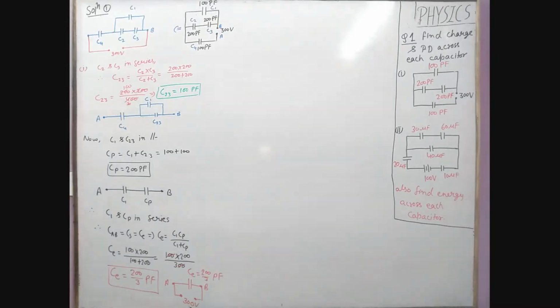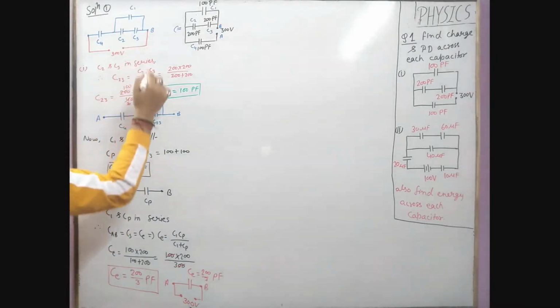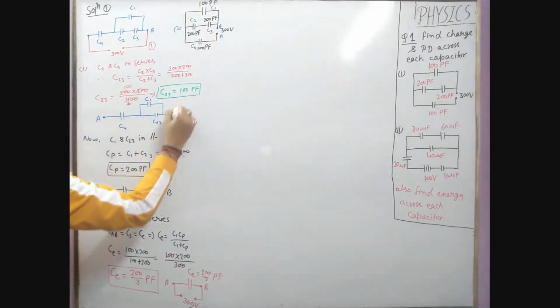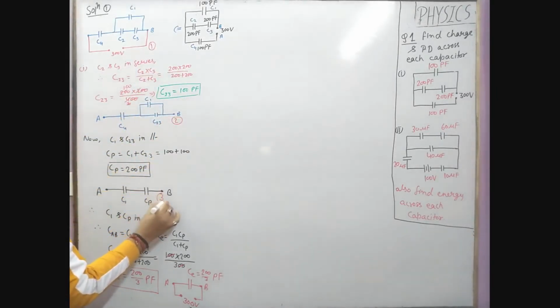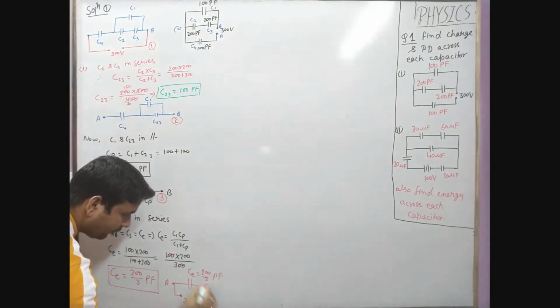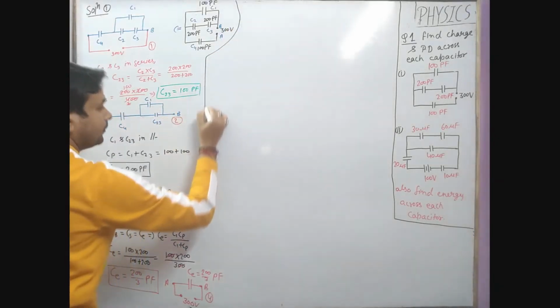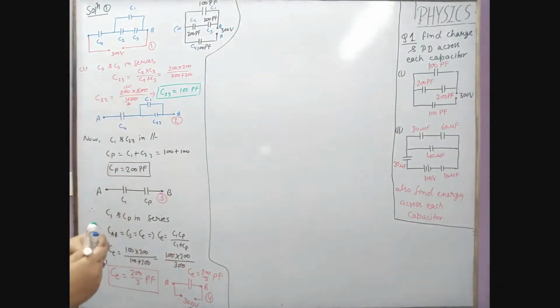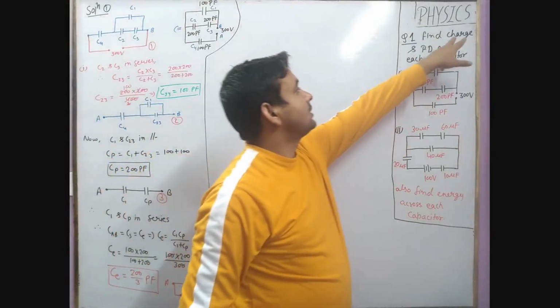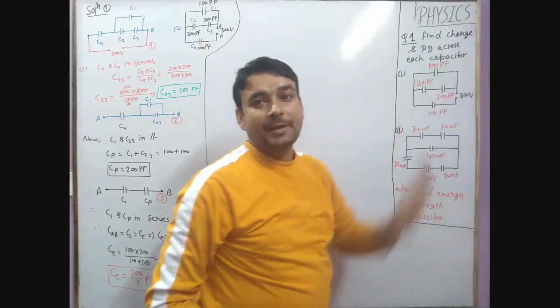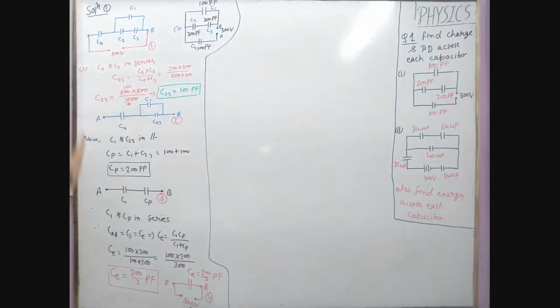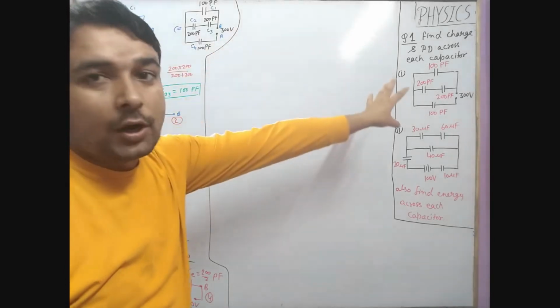Okay, now this is the first step, second step, third, and now this is the fourth step. Now here we have to calculate the charge and potential difference across each capacitor. Clear? So this is the simplest situation. Now we need to move from fourth to third to second to one to calculate the quantities in the question.